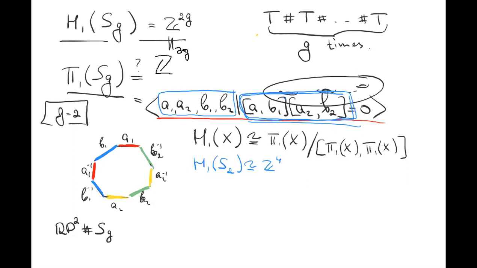But I guess you can start from the Klein bottle. So this is just RP2 connected sum with RP2.